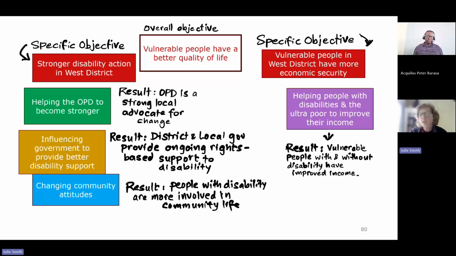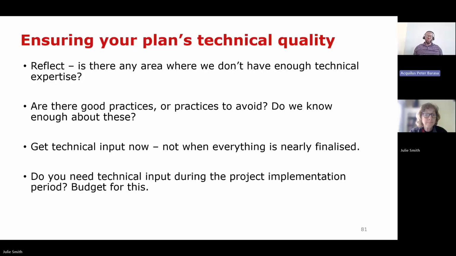And of course, you can debate these and wordsmith these, but what we're showing you is the process that you need to use. Yep. So it's useful for now to get support, to have some input into the technical aspects of the project.